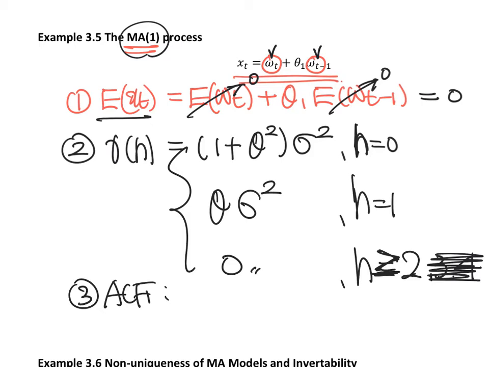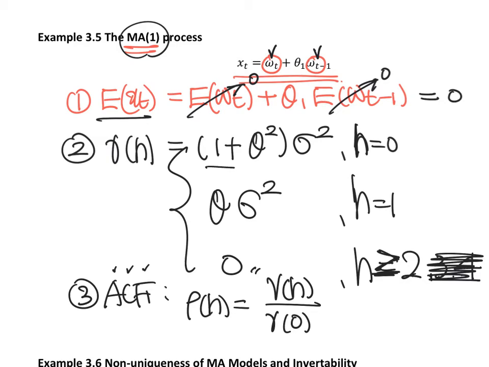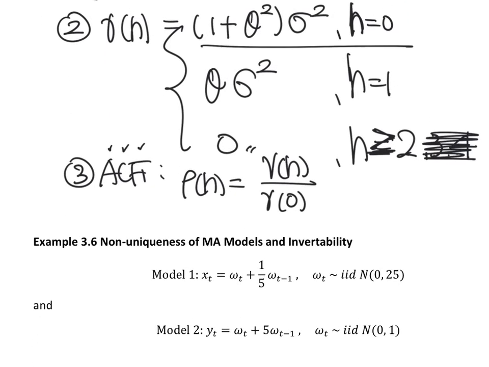The ACF stands for the autocorrelation function, which uses the notation rho h. It can be defined as gamma h, the autocovariance, divided by gamma 0, because gamma 0 was the variance. So we can take it one by one.